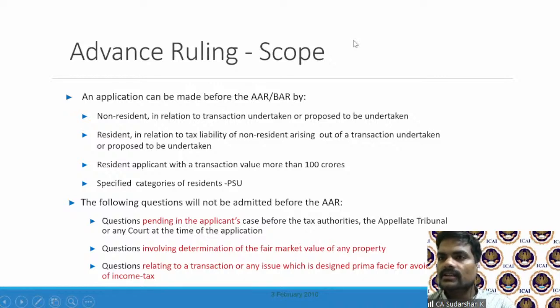A non-resident will claim whatever taxes are deducted in India in his home country as a foreign tax credit. A foreign tax credit will normally be relieved only by the resident country. The resident country of the taxpayer will relieve double taxation because only in the resident country will you have worldwide taxation.